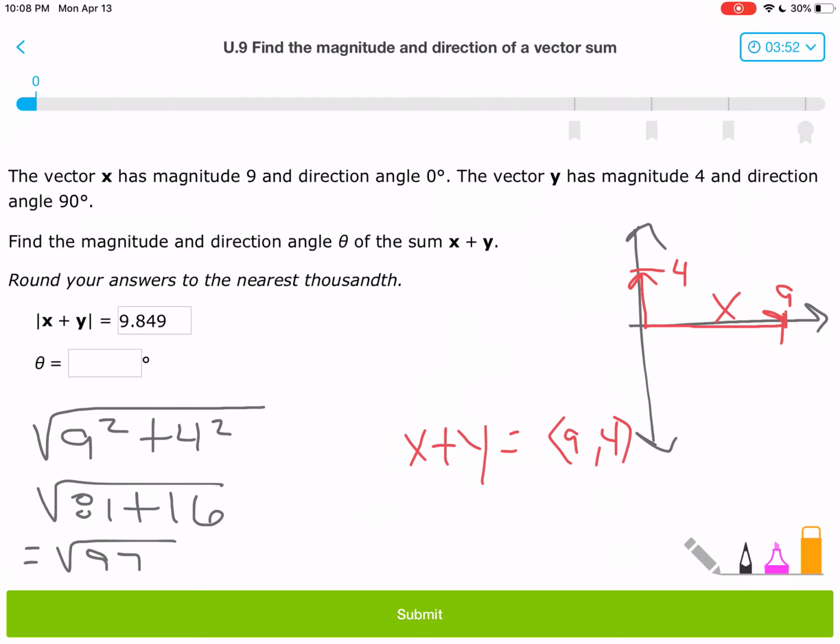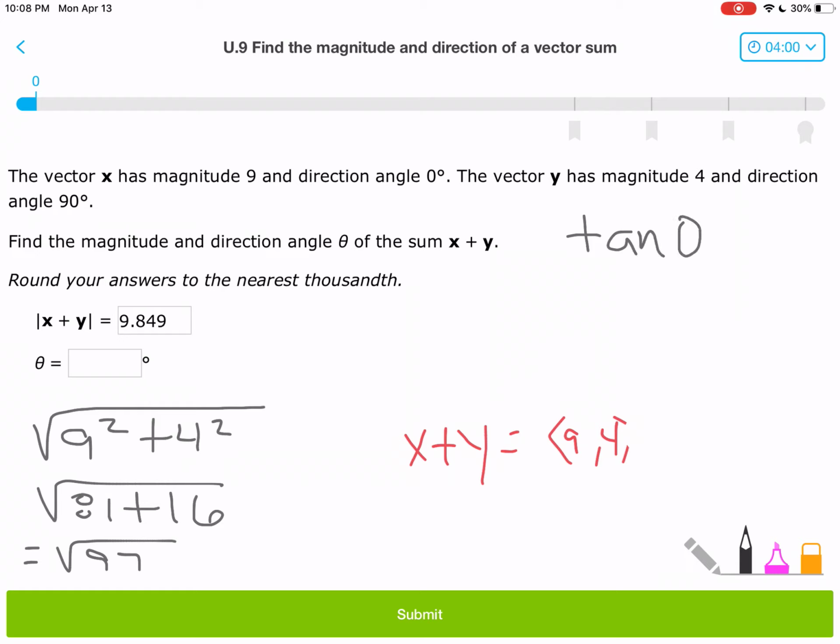For this part, we're going to use tan theta equals B over A. Something to note really quick, this vector has 2 positive components. I'm going horizontally right 9 and vertically up 4.